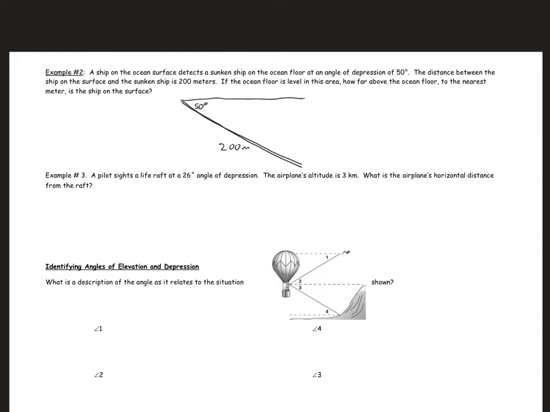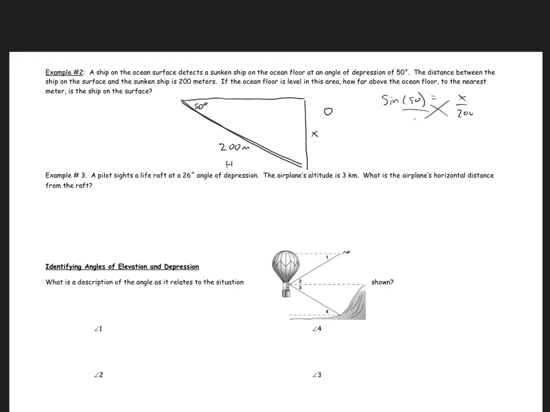Now, carrying on, it says if the ocean floor is level in this area, how far above the ocean floor to the nearest meter is the ship on the surface? They're wanting me to find x right here. Again, I've got an opposite and a hypotenuse. So the sine of 50 is equal to x over 200.